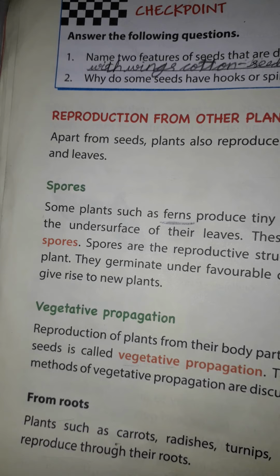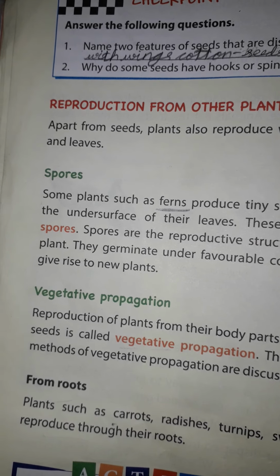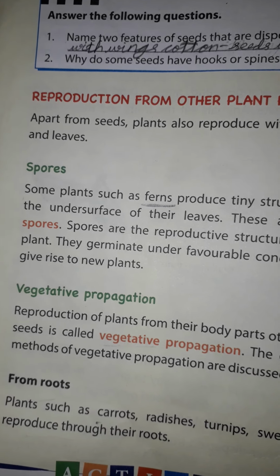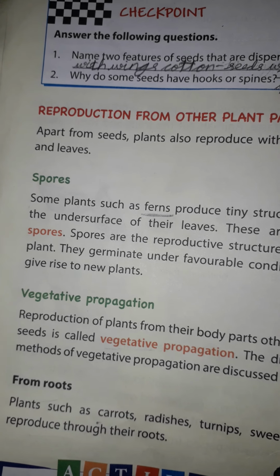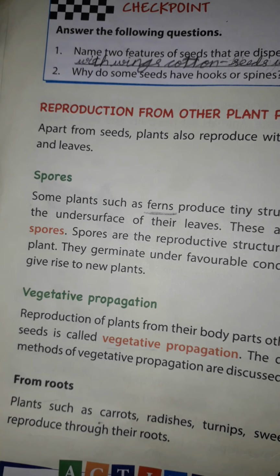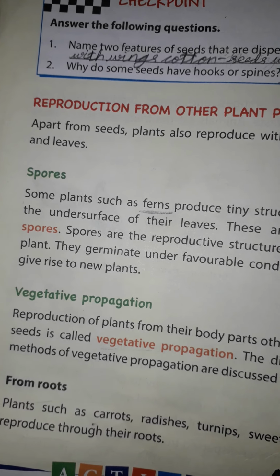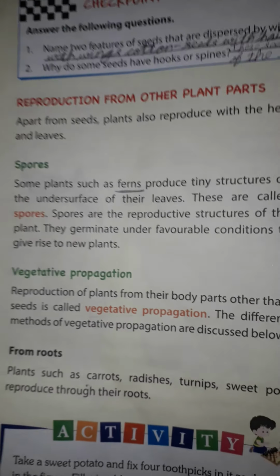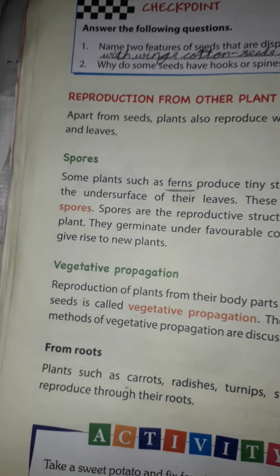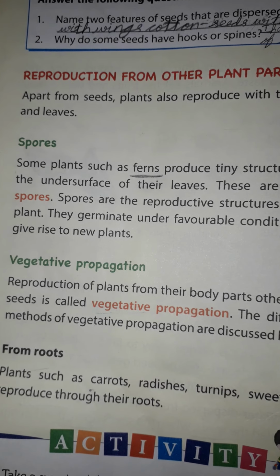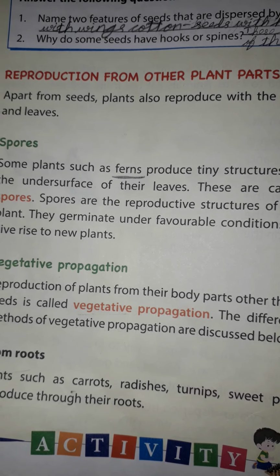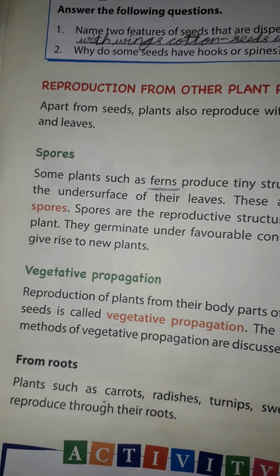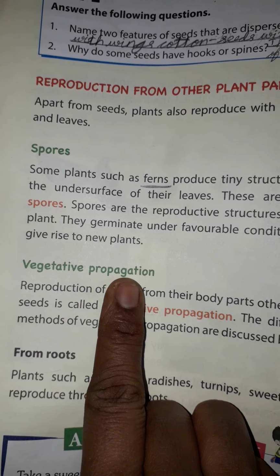Next, we will discuss the plant parts, that is root, stems and leaves, and how a new plant will grow from each of them. Reproduction of plants from their body parts is called vegetative propagation.